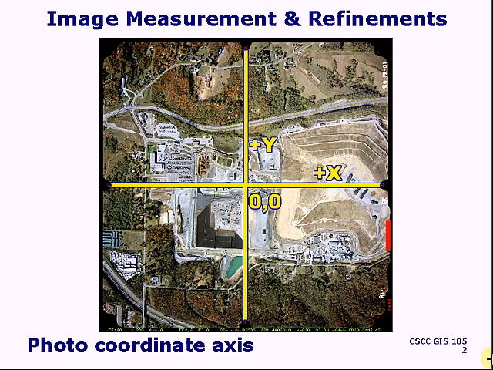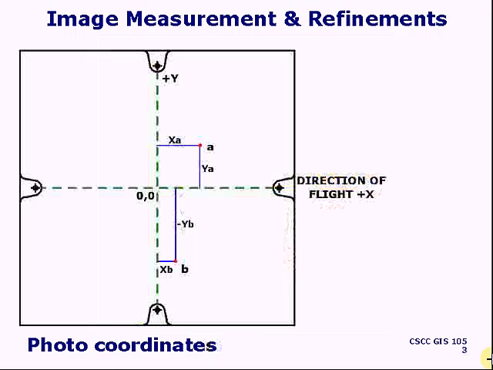Now, as far as measuring points in that photo, we're going to look at a few different methods. The first method, and certainly the simplest, would just be to grab a ruler or a scale and just start measuring values.